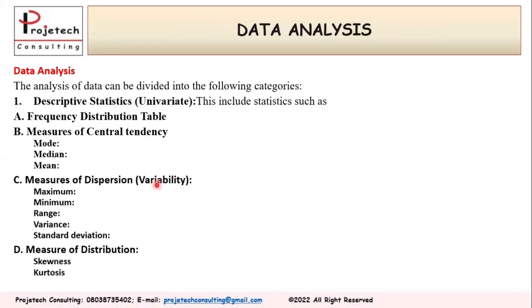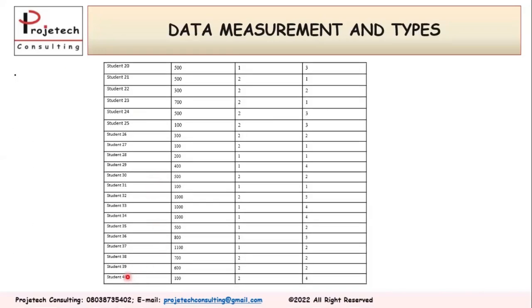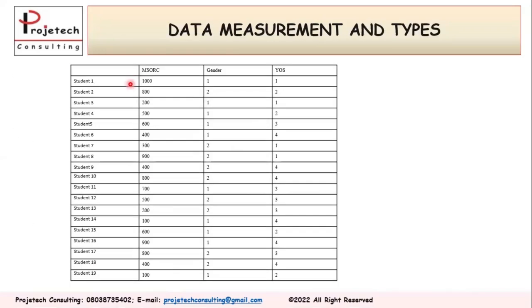This is our research. We have about 40 students here. This variable here is money spent on recharge card, that is MSORC. As you can see, this is the response of the first student.